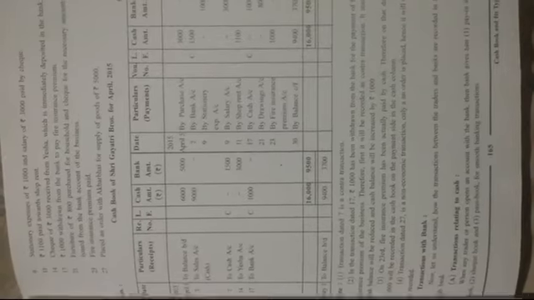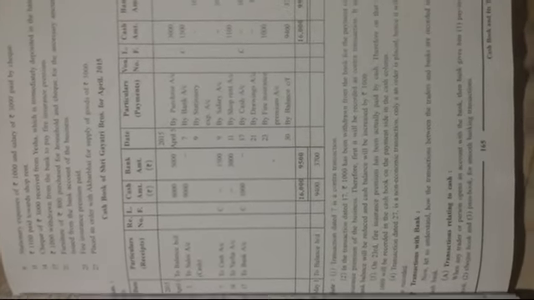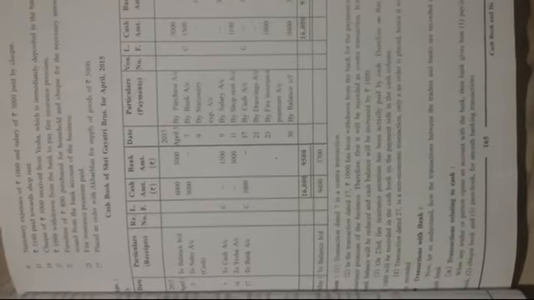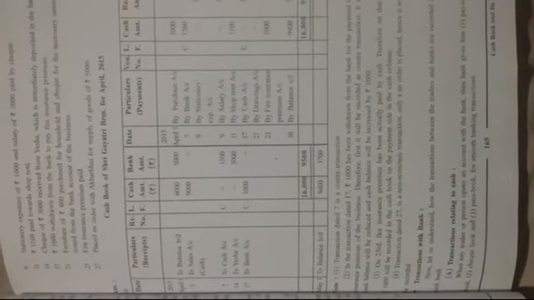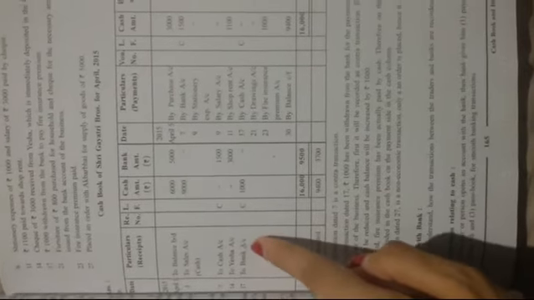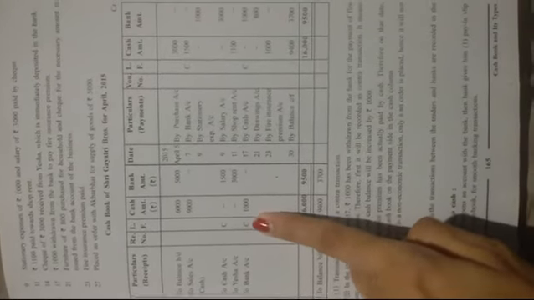Because cash was withdrawn from the bank, obviously it would now be deposited in the cash. So cash is coming into the business. Therefore the cash amount is increasing, so that would be recorded on the debit side. So to bank account 1000. Again you have to write the C because it is a contra transaction.